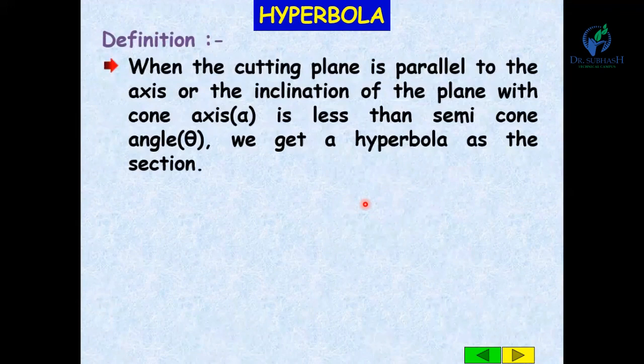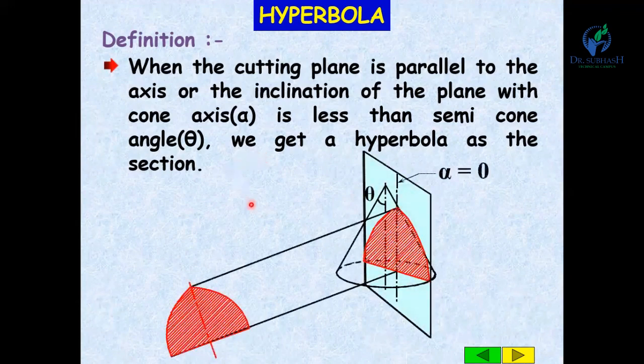Next one is the hyperbola. When the cutting plane is parallel to the axis, or the inclination of the plane with the cone axis is less than the semi-cone angle, we get a hyperbola as the section. Now you can see here, this cutting plane is parallel to the axis and it is passing through one side of the axis.